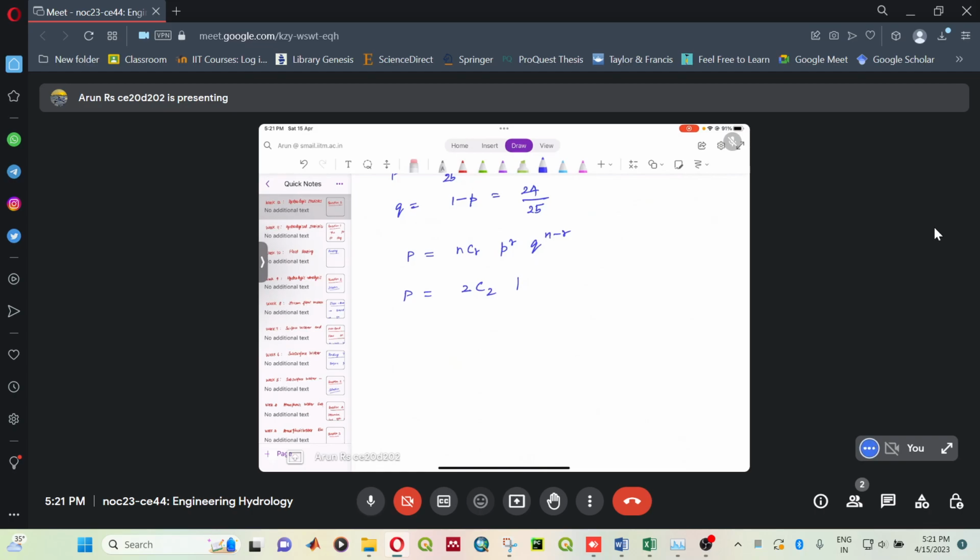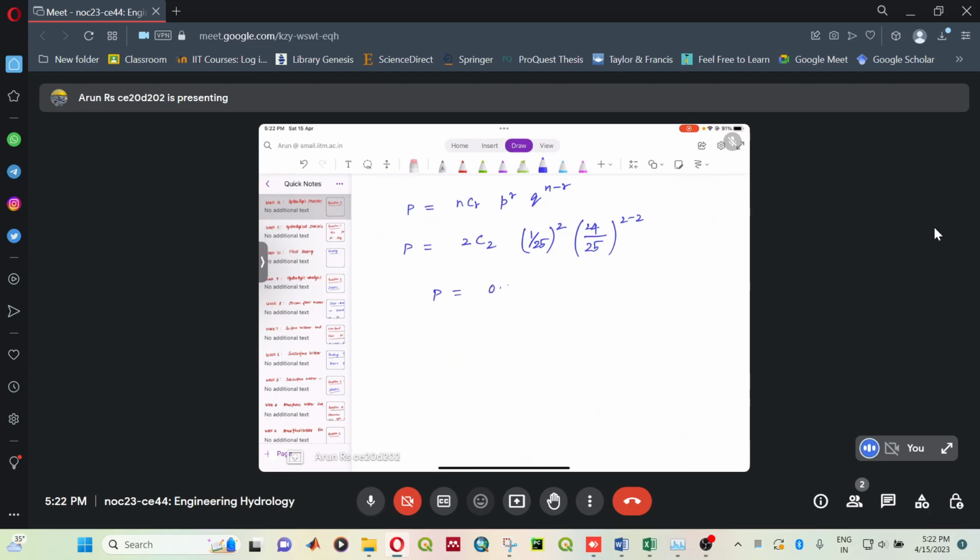So p power r is 1 by 25, it's going to occur twice, and q power n minus r, that is 24 by 25 power 2 minus 2.